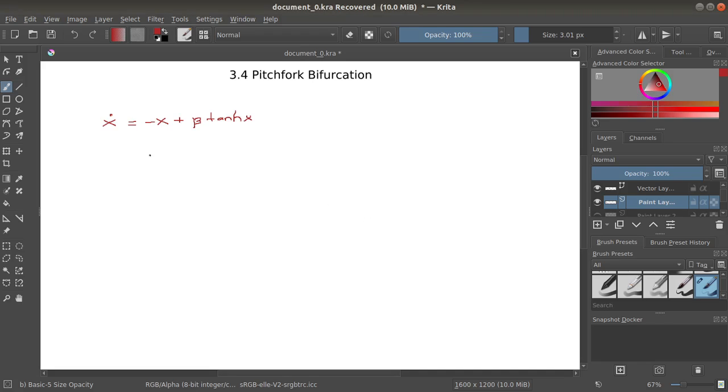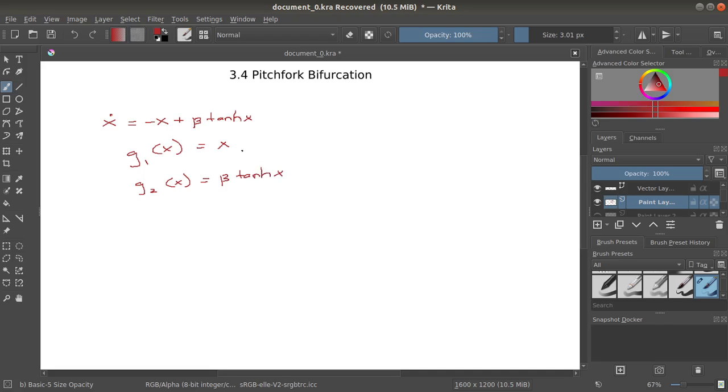I am going to consider one function, let's say g1 of x, which is equal to just x, and g2 of x, which is equal to beta tanh of x.